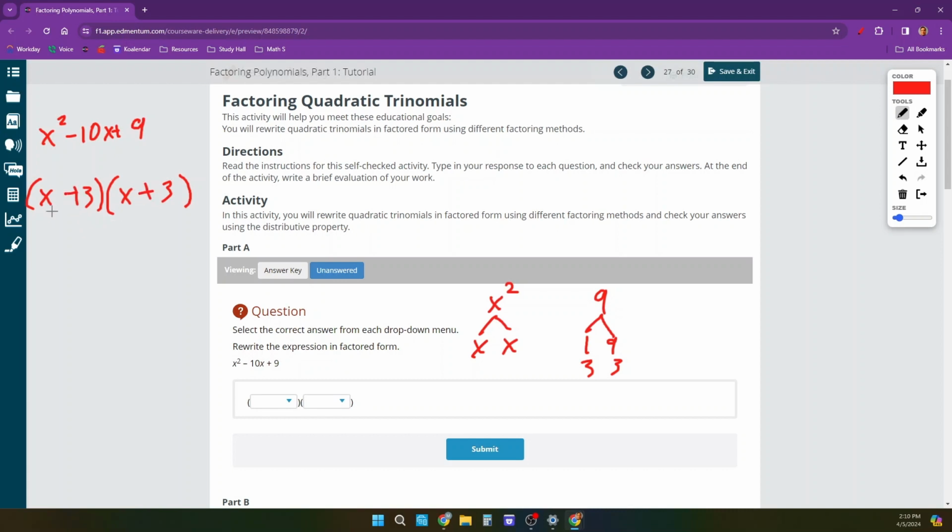The way that we check to see if our answer is correct is by multiplying our outer terms and our inner terms. We're doing the OI of the FOIL method. So x times 3 is 3x. 3 times x is 3x. We add these together and we get 6x, which is not our desired middle term. So this combination will not work.